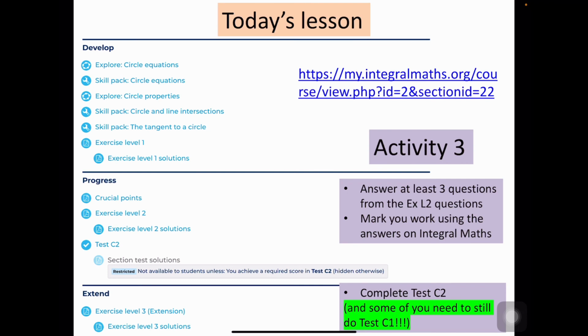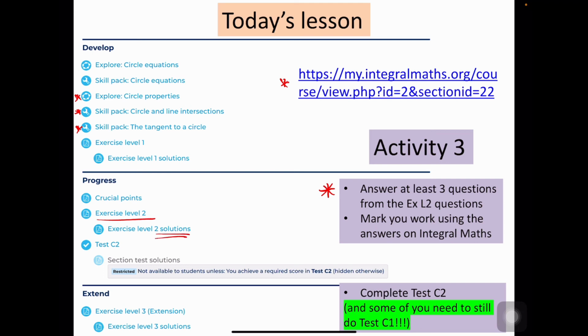So after you complete this video, I would like you to firstly have a go at the skill pack and explore activities. And after you've done that, answer at least 3 questions from the exercise level 2 questions. Mark your work using the answers on Integral.